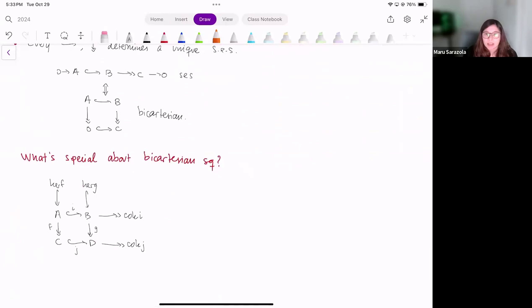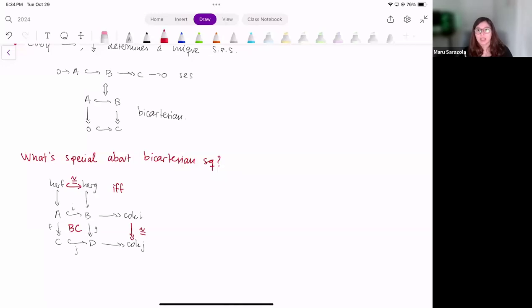So what's special about bicartesian squares? Well, if I start with a commutative square here, A, B, C, D, I can take the kernels of the epis and the co-kernels of the monos. Of course, I get an induced map here that's mono, an induced map here that's an epi. And it turns out you can do the exercise in modules that this induced map will be an iso if and only if this induced map will be an iso if and only if the square that we started with is bicartesian.